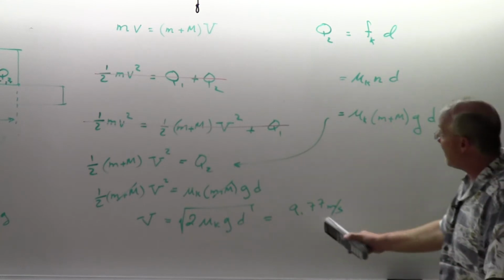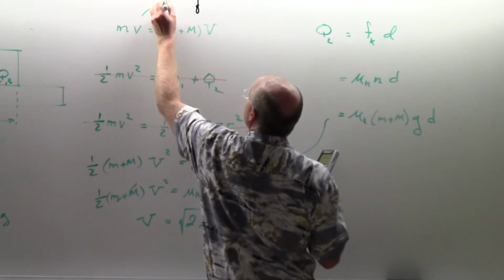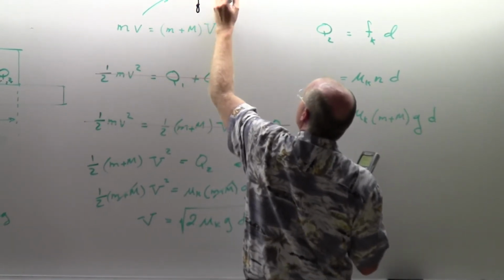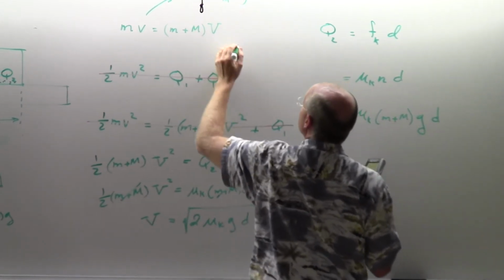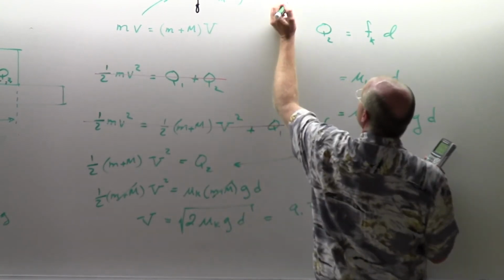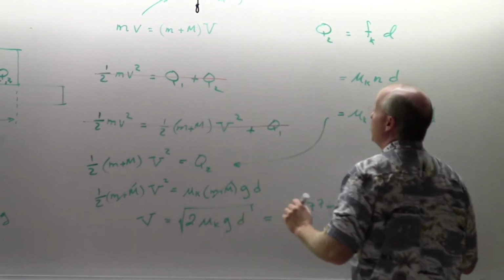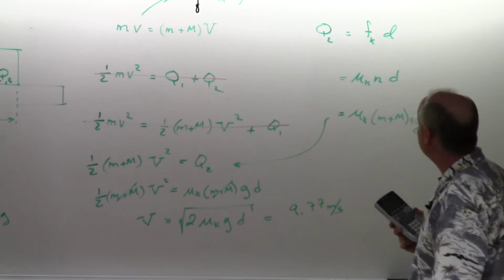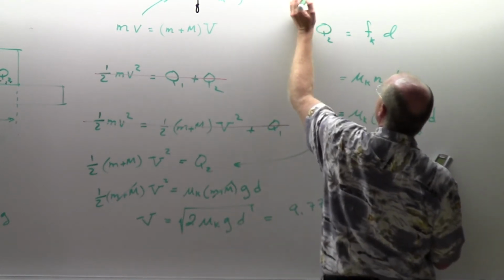So knowing that, and then coming back to this equation, the speed before the impact would be little m plus big M over little m times the speed after the impact. So the little m was 12 grams, which I'll convert into kilograms, although I don't think it's necessary for this one. And then the big mass is 0.1.